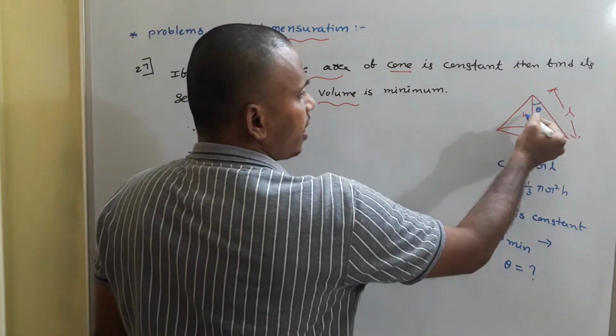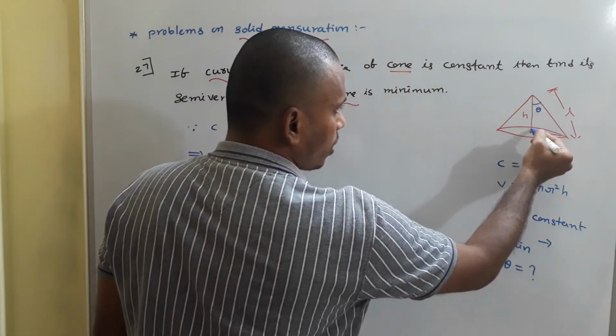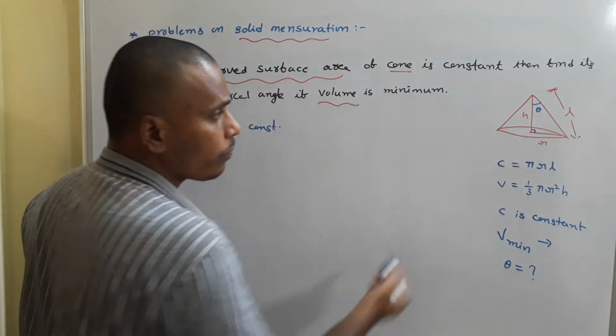See, this is theta, this is h, this is r. From this diagram, one thing is very clear. We will always get 90 degrees here.